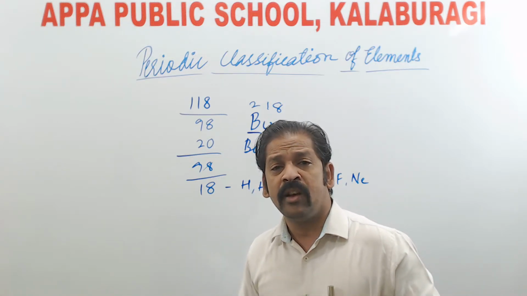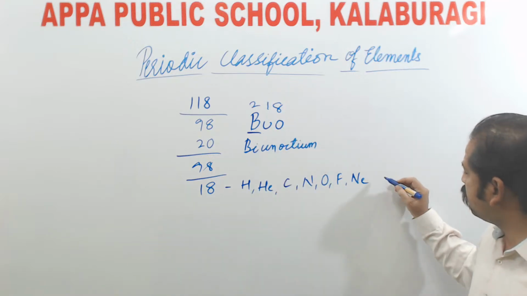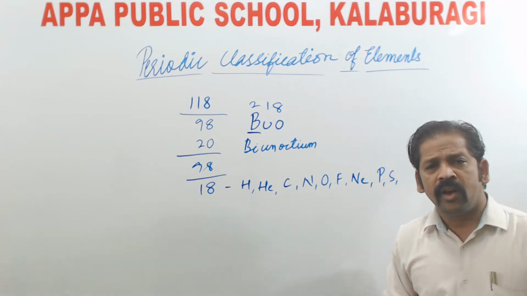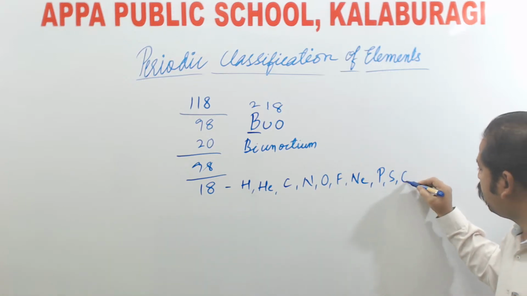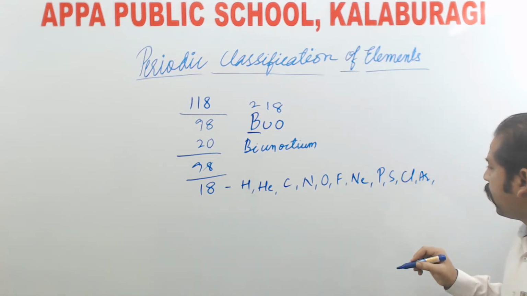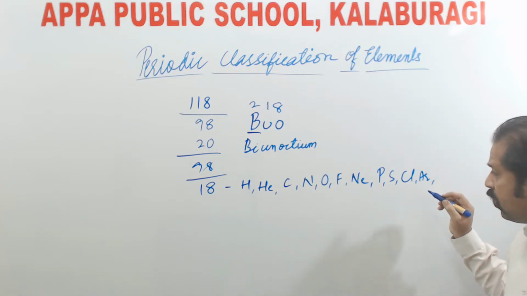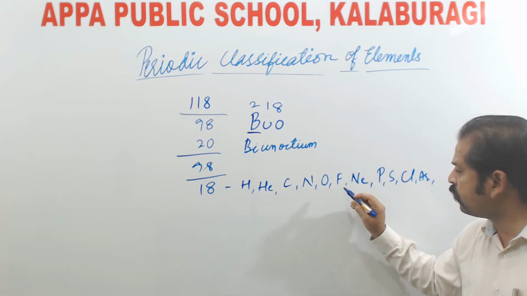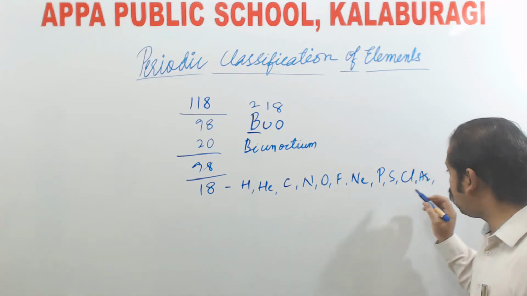15 is a non-metal, phosphorus, then sulfur, chlorine, and argon.